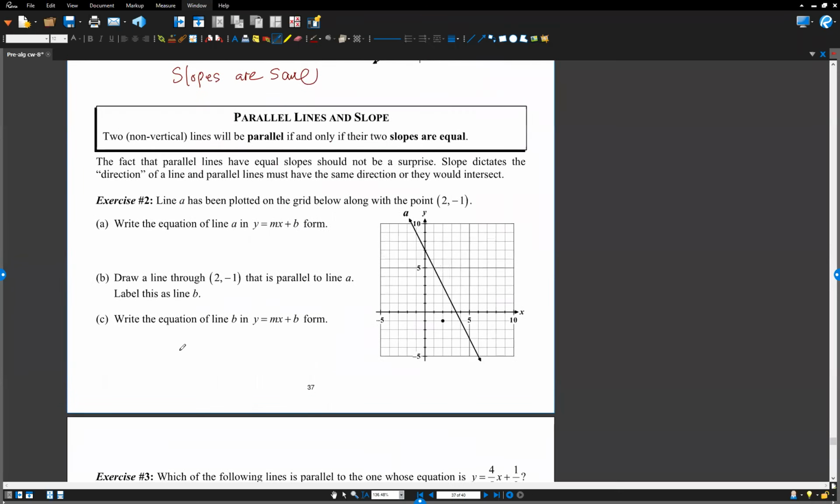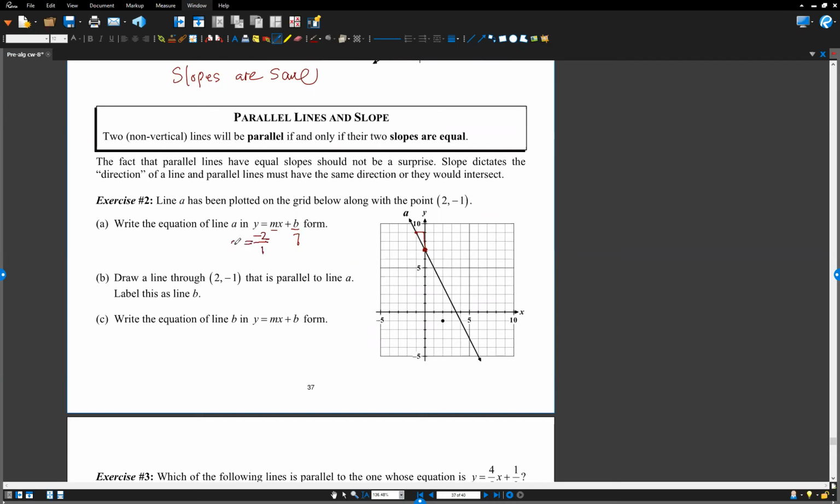Exercise 2: line A is plotted right over here. Write the equation of line A using slope-intercept form. What's the equation of this one? The y-intercept is 7. For the slope, you can choose any point. 1 right, 2 down is negative 2.